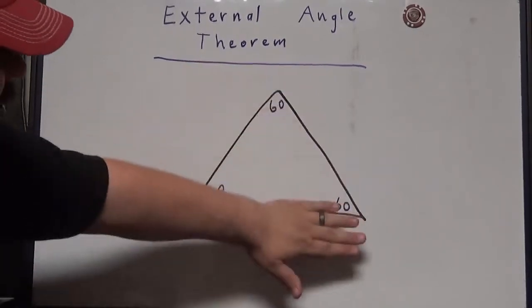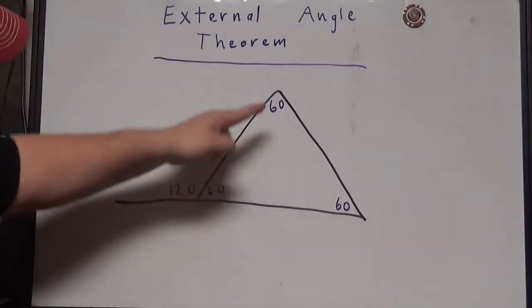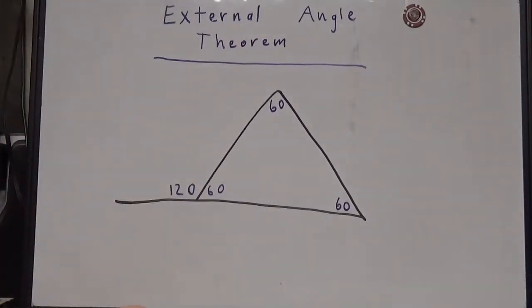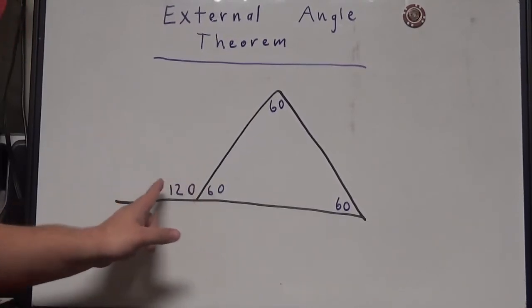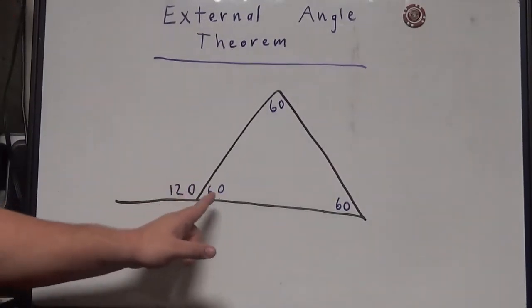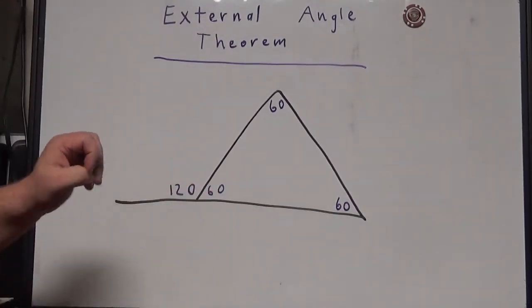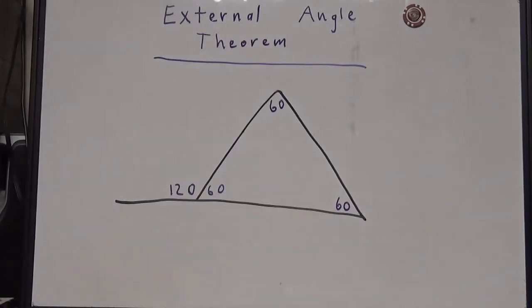Now ignore these two. Let's look at just this line and this line. The last video talked about consecutive or supplementary angles as well as vertical angles. Now we don't have vertical angles here, but we do have consecutive angles, which are supplementary angles that also equal 180 degrees.